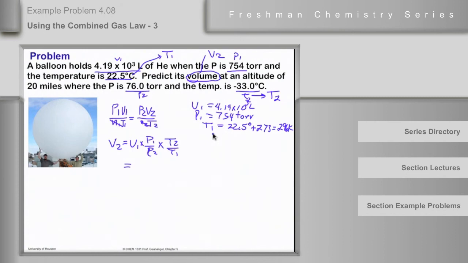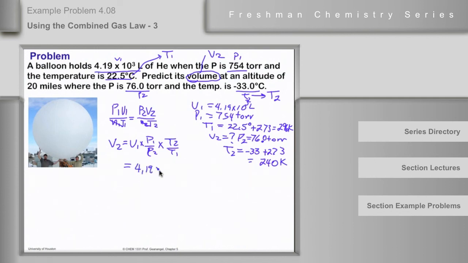And V2 is what we want to solve for. And P2 is 76 torr. And T2 is equal to minus 33 plus 273, and that's what, 240? 240 kelvins. So we've made our table, and we're ready to solve.